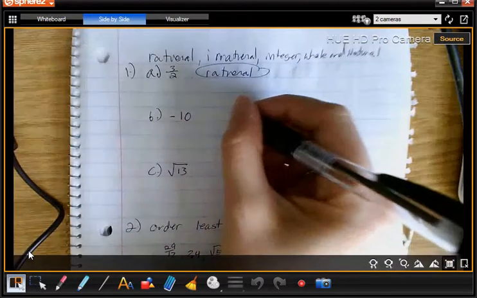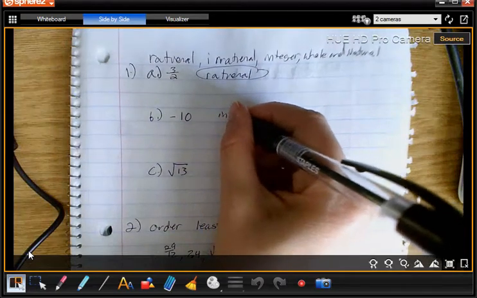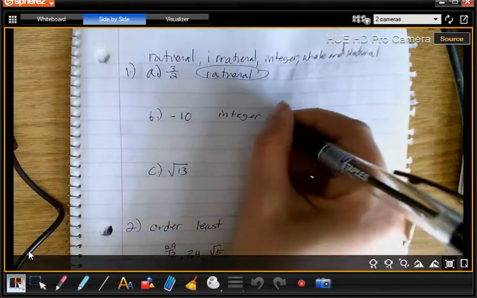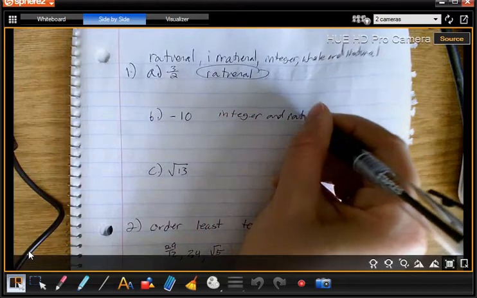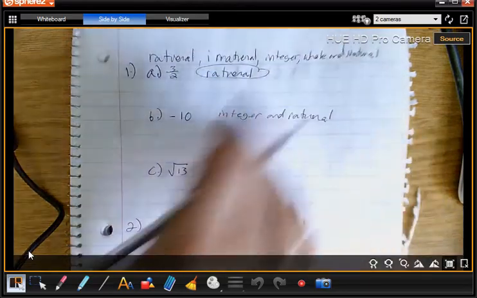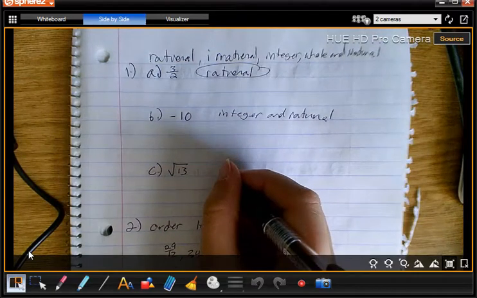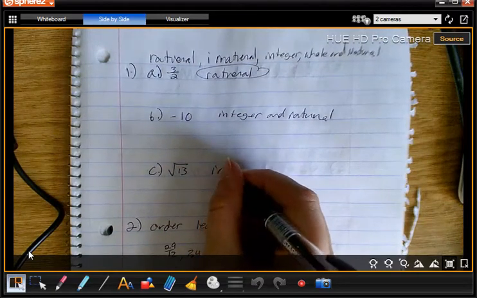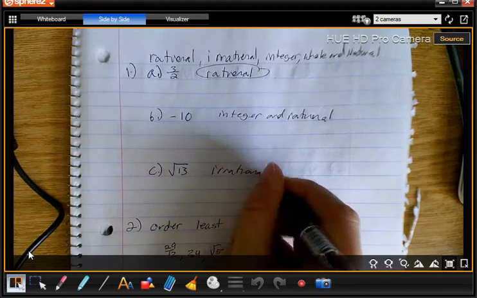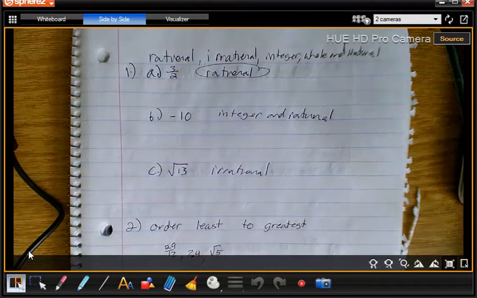B, for -10, is both an integer and rational. And then the square root of 13 is irrational. It can't be written as a fraction.